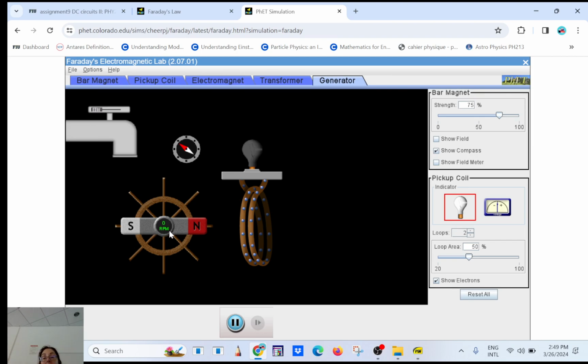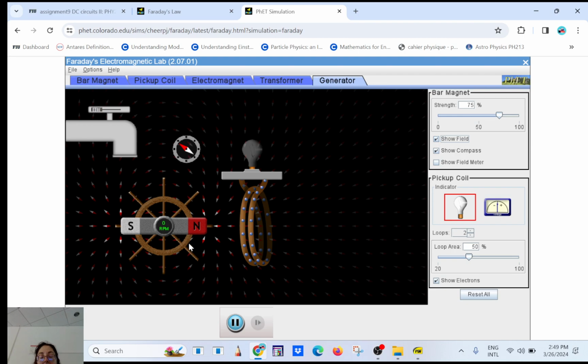That's going to be your magnetic field. And can I show the magnetic field? Okay, so the magnetic field here is poking through this area here, but the number of magnetic field lines poking through is not changing in time.